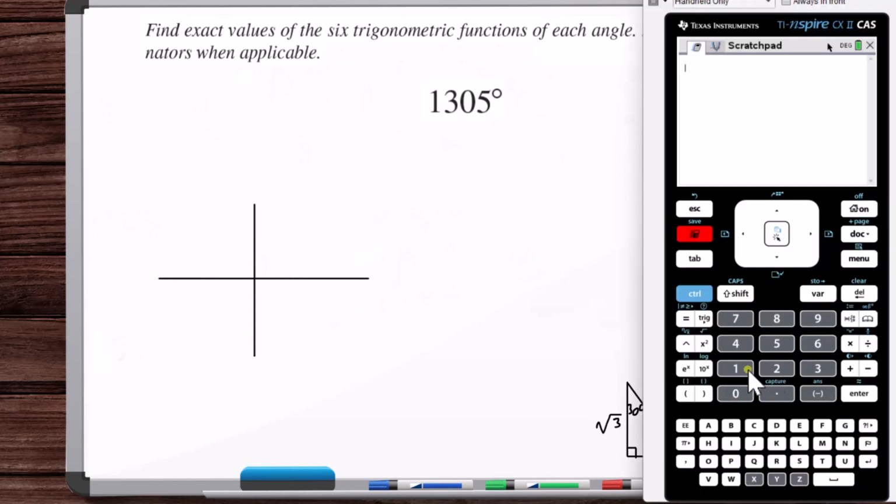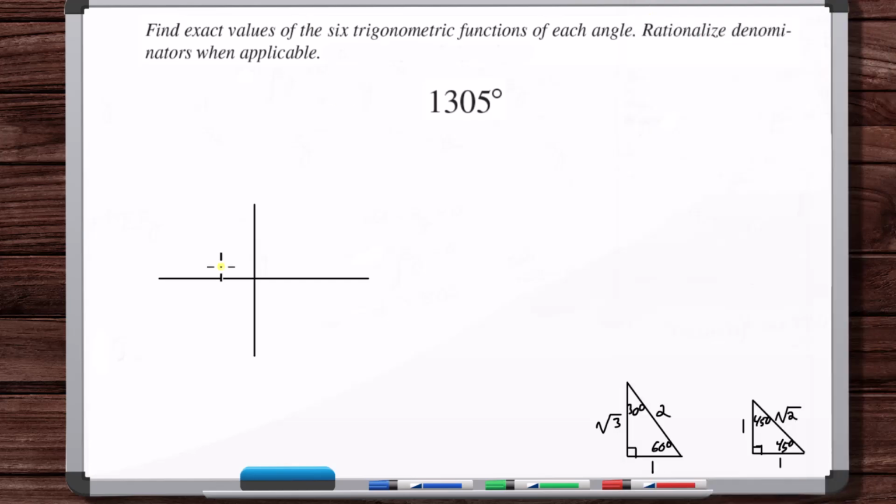What is this? So 1305 divided by 360 is 3 rotations, and then 0.625 of a rotation. So 0.625 times 360 is 225. So this is coterminal with 225. 225 is in the third quadrant, and to go from 180 to 225, you go 45 degrees.